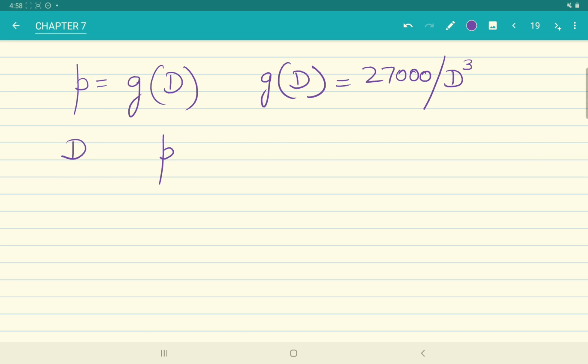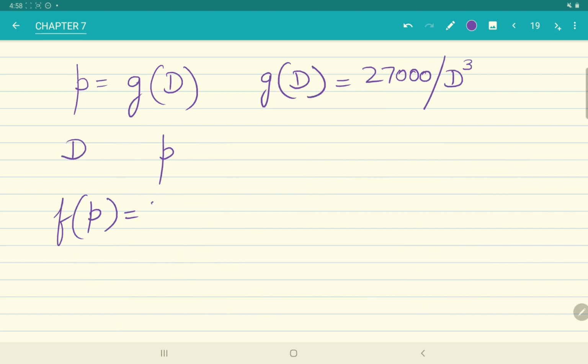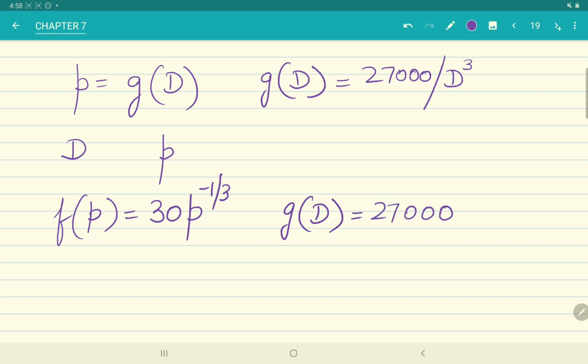And in this case, I can write that these two functions, f of p equal to 30 multiplied by p raised to the power minus 1/3, and g of d equal to 27,000 multiplied by d raised to the power minus 3, are inverses of each other.